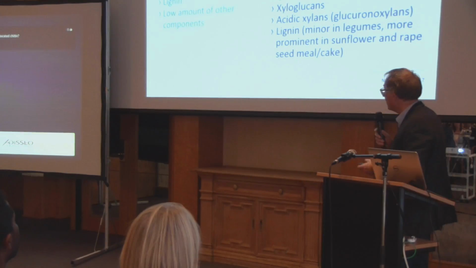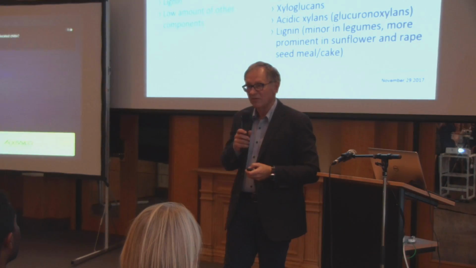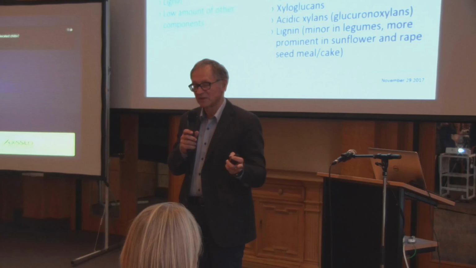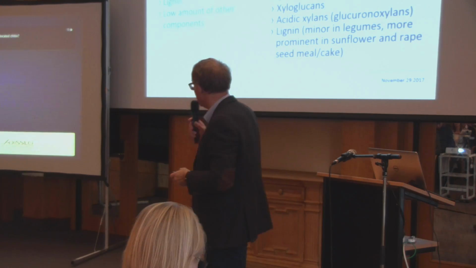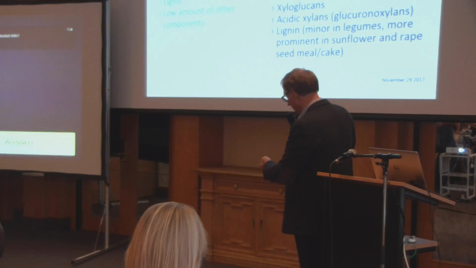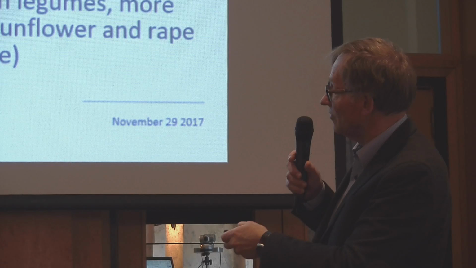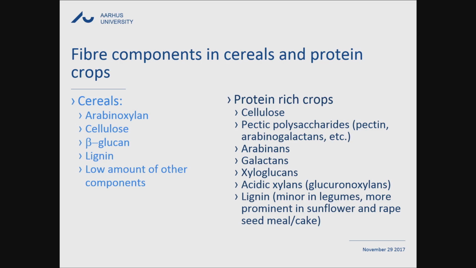Just briefly about what fiber components we have when we are looking at cereals as opposed to the protein-rich materials. Well, when you're looking into the cereals, you'll see that you have arabinoxylans, cellulose, beta-glucans, lignin, and then there are also low amounts of other components, primarily some phenolic compounds.